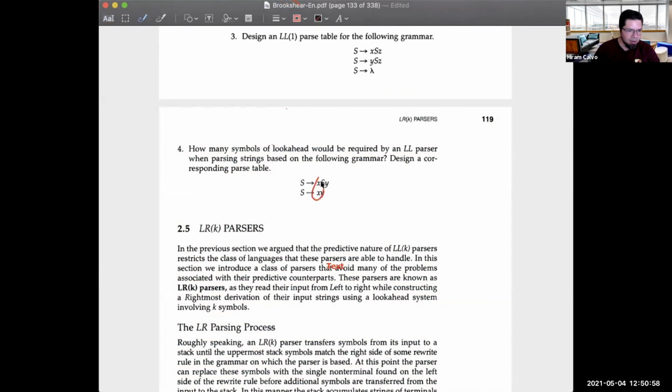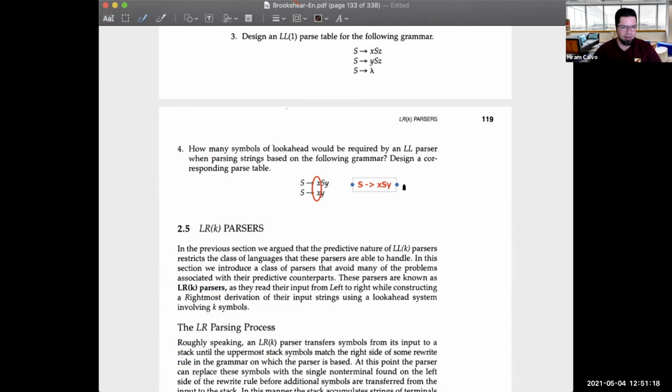Okay, so we have this. You cannot use an LL1 because it will have the same ambiguity. So you need to expand the rules. If you expand the first one, which says X as Y, you will have two different rules.